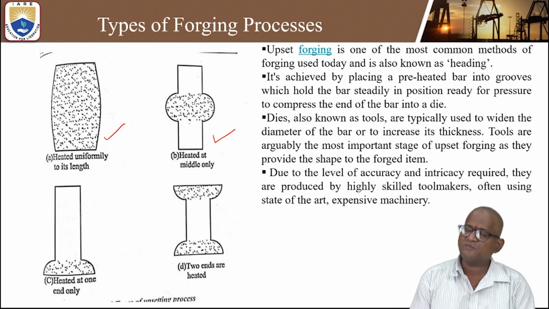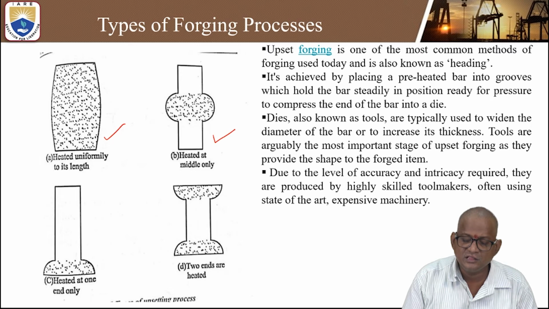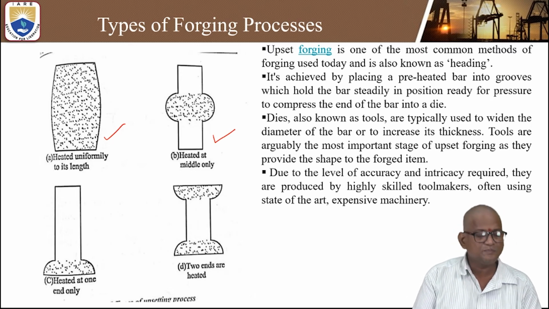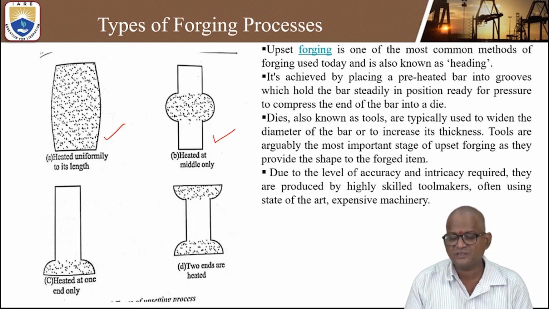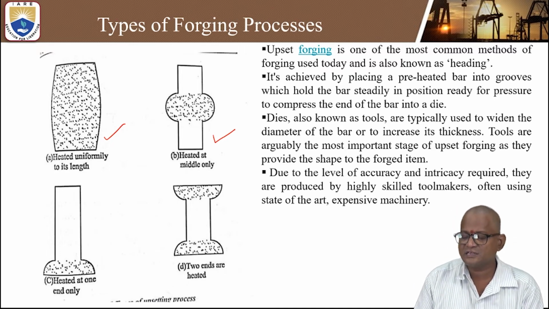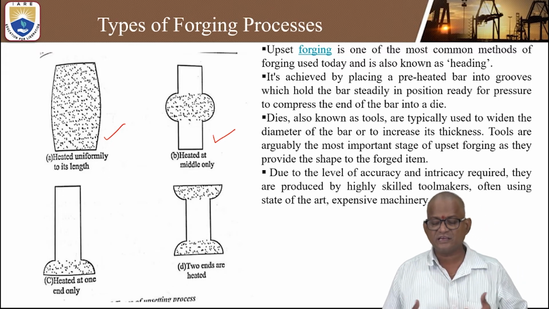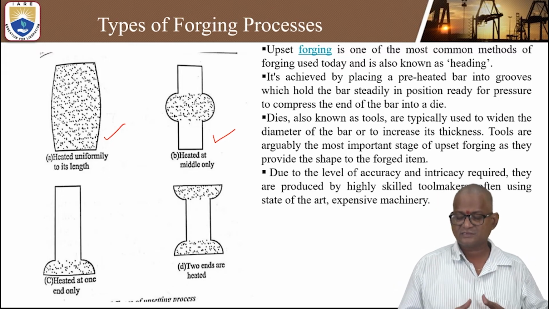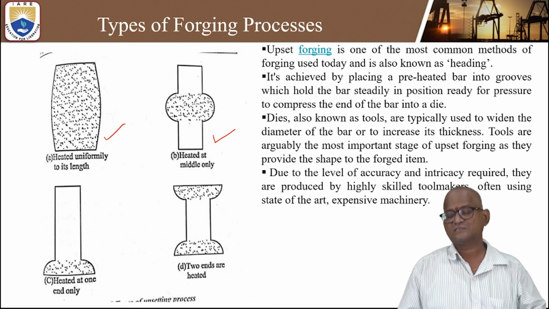The main purpose of upsetting is that if you identify all types of materials and shapes, this can be done effectively. The dies, also called tools, can be used effectively where increased thickness is needed.